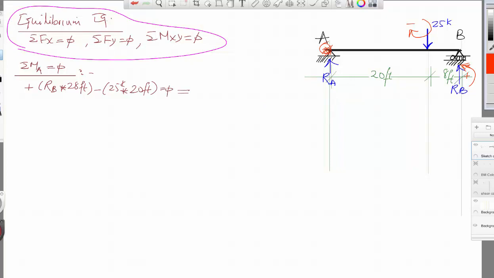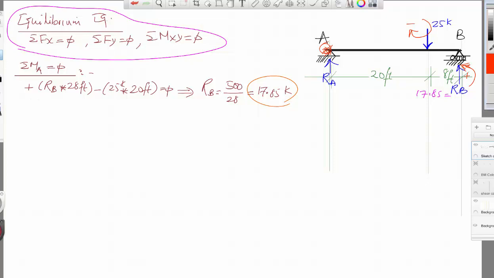So if we isolate RB, it is equal to 25 multiplied by 20, which is 500, divided by 28, and is equal to 17.85 kips. This is the first reaction. So if you want, you can update this by saying 17.85 is equal to this.